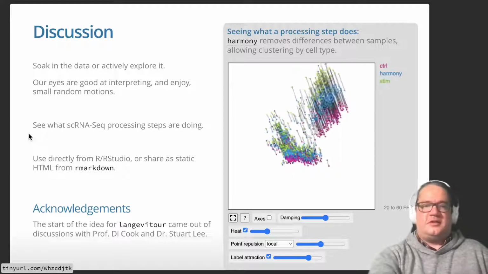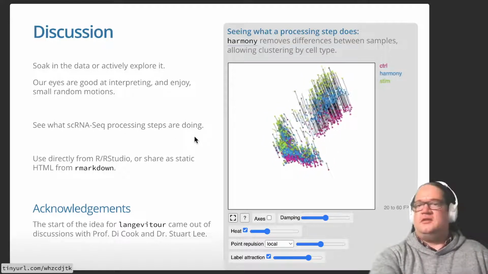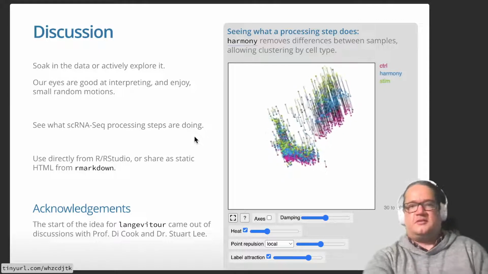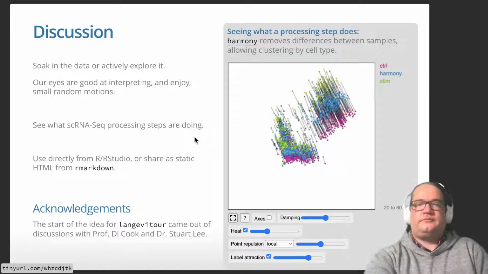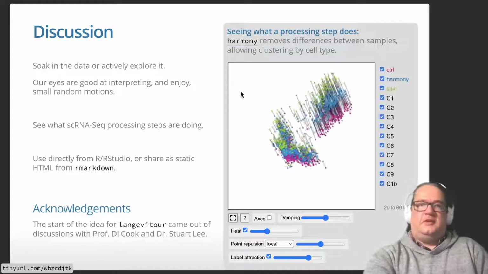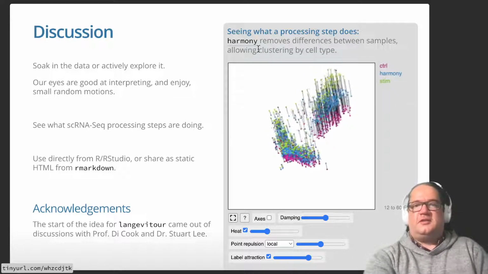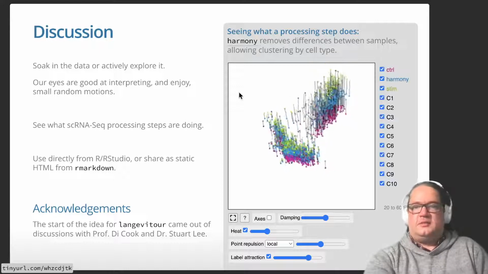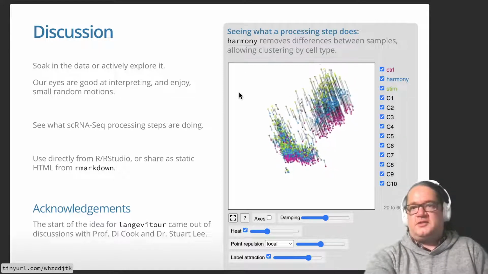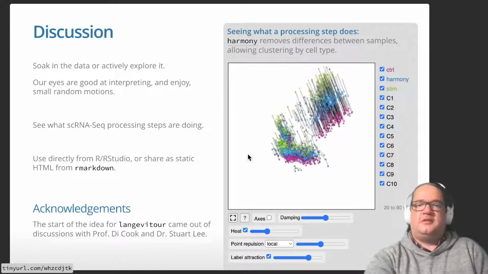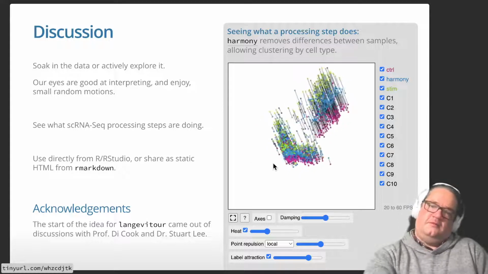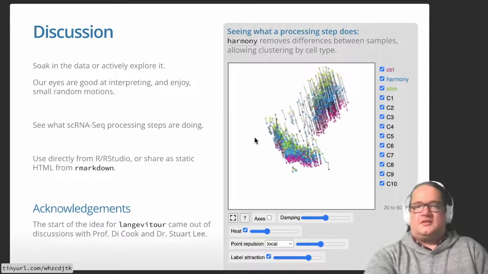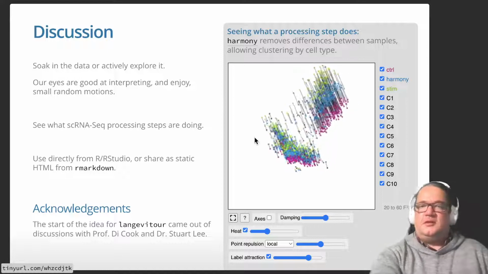So it's nice to be able to look at that in a fairly honest, linear view of the data. So here, for example, here's a method that removes differences between samples. This example removes differences between unstimulated and stimulated cells. From this you can see, yes, that does appear to be doing what it should be.